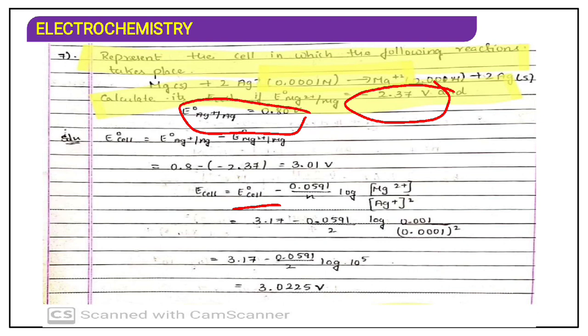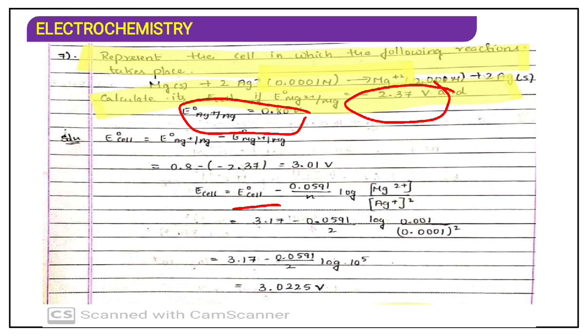How to calculate E cell: always remember, E cell is calculated by E cathode minus E anode. That's the formula. Here, among Mg plus 2 and Ag plus, which acts as the cathode is very important.